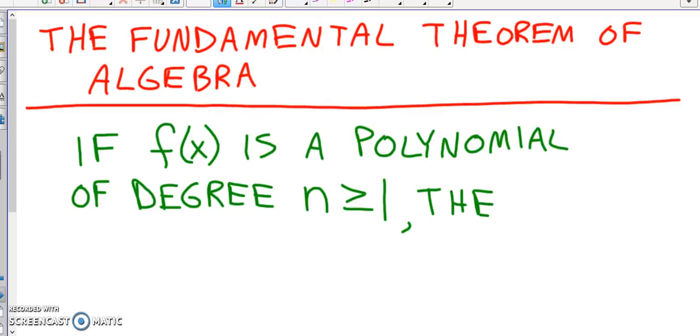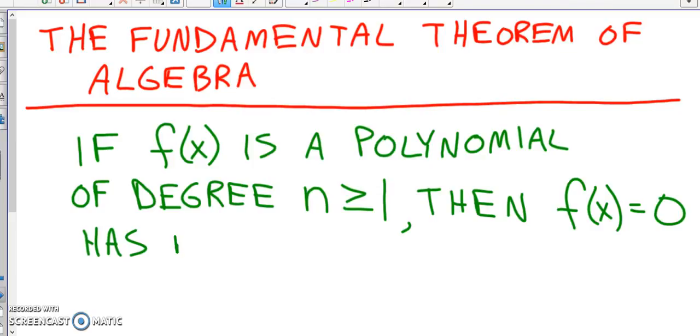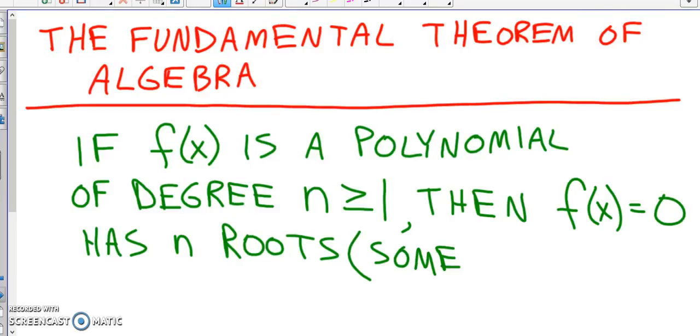Then, f of x equals 0 has n roots, or n solutions. In other words, it has n zeros. And of course, the disclaimer here is some may be repeated.